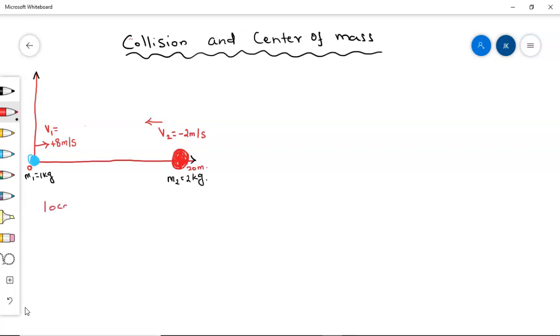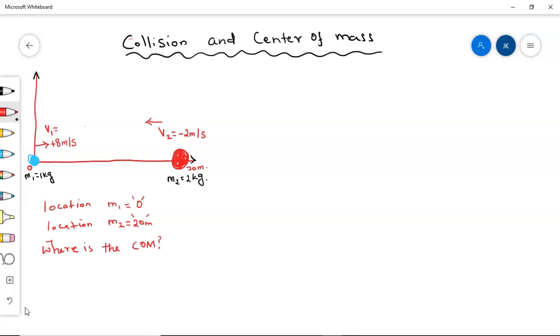So we can write that the location of mass 1 is at 0 because it is at the origin, and the location of mass 2 is 20 meters from the origin. So that is the location. And where is the center of mass?